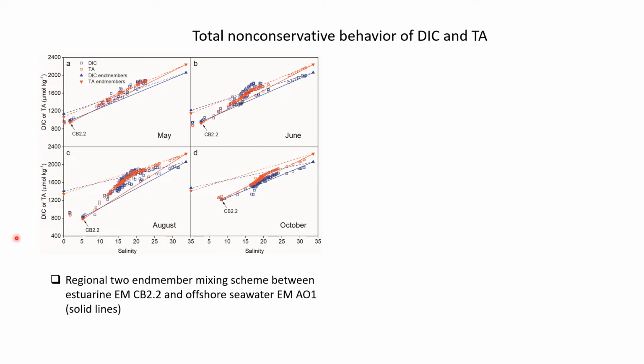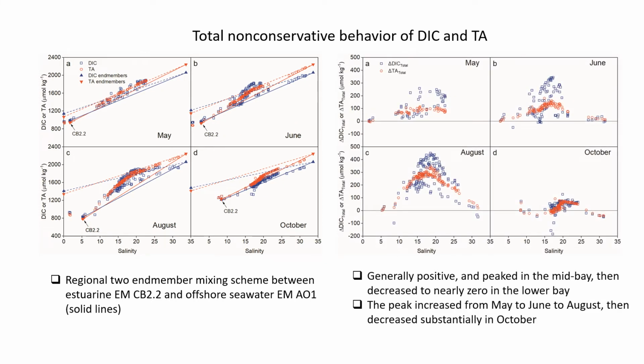First, we used a regional 2 end-member mixing scheme between estuarine end-member CB2.2 and offshore seawater end-member L1 to derive the total non-conservative DIC and TA, which is defined as the difference between the measured values and the mixing line. The total non-conservative DIC and TA were generally positive.